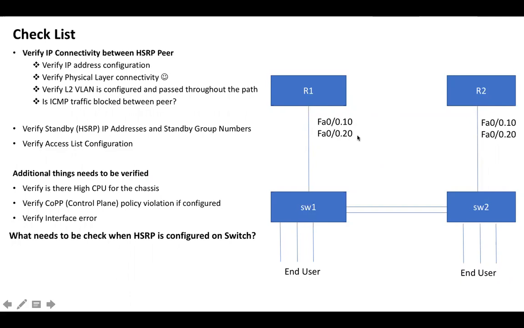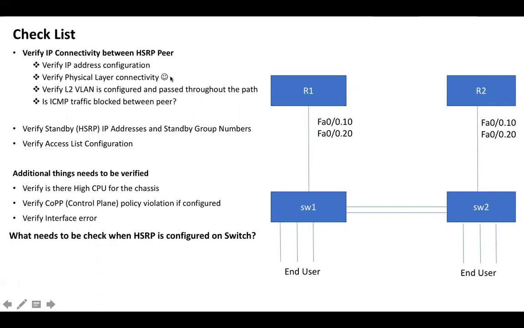And HSRP is working fine for Fa0/0.10. However, HSRP is not working as expected for another subinterface Fa0/0.20. So how will you start?